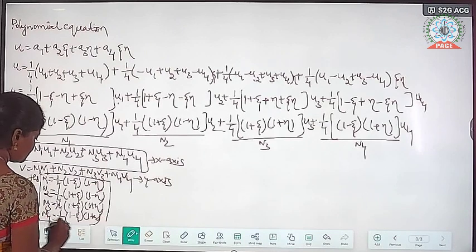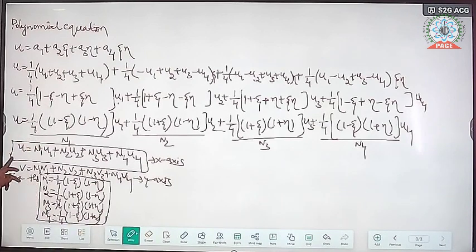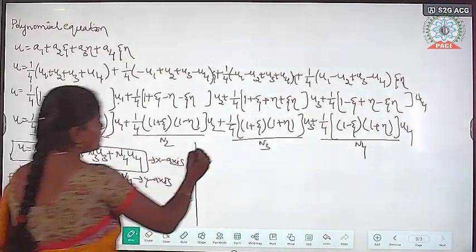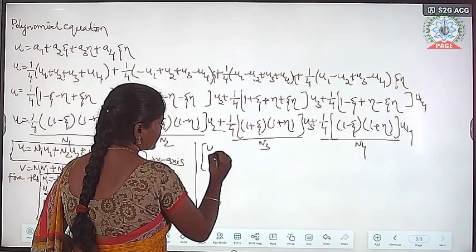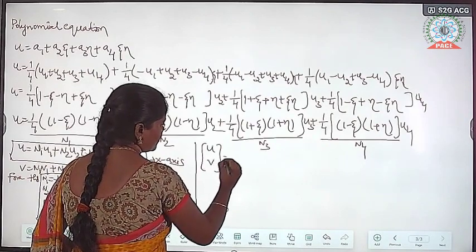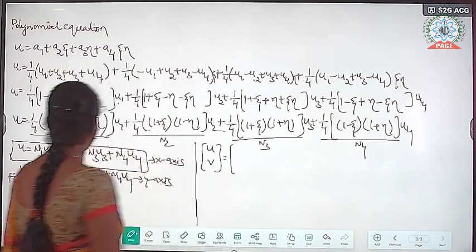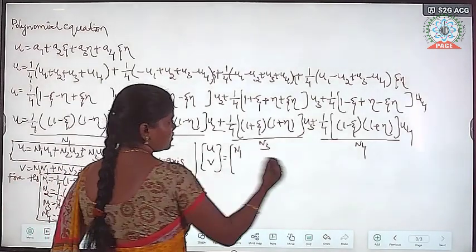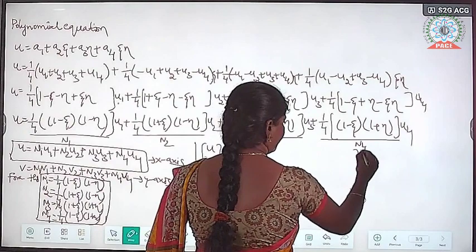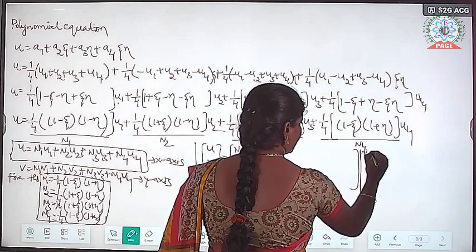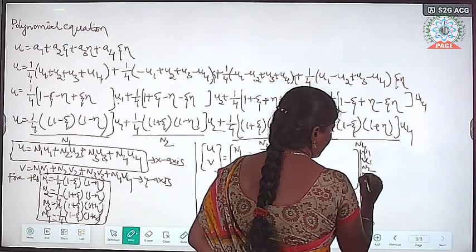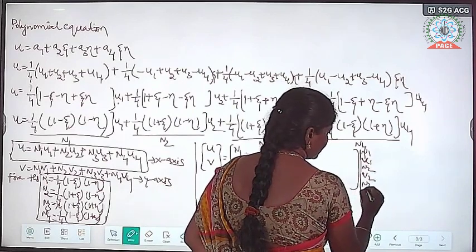So now we have to write these two equations in matrix form. How do we write the matrix form? The displacements along the axes are u and v. Here N1 u1 is there, so N1 we take in matrix form: N1 u1, v1, N2 v2, N3 v3, N4 and v4.